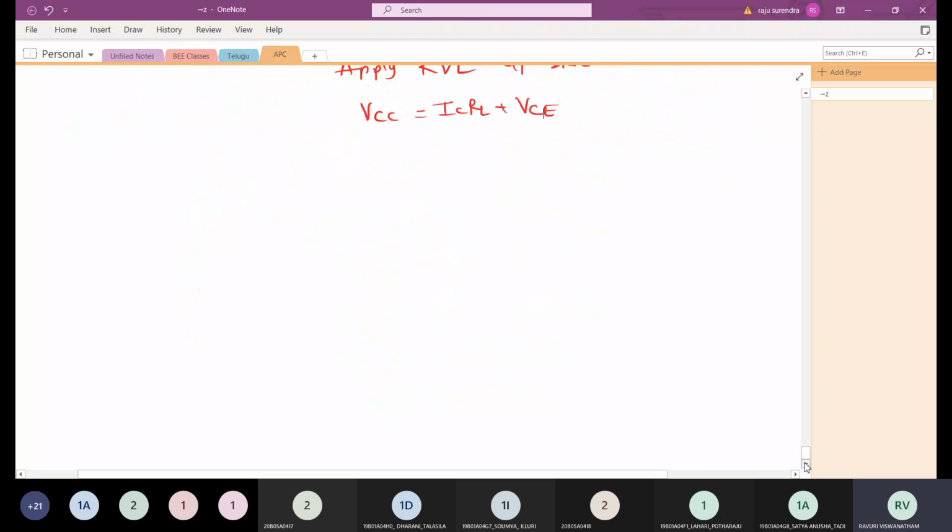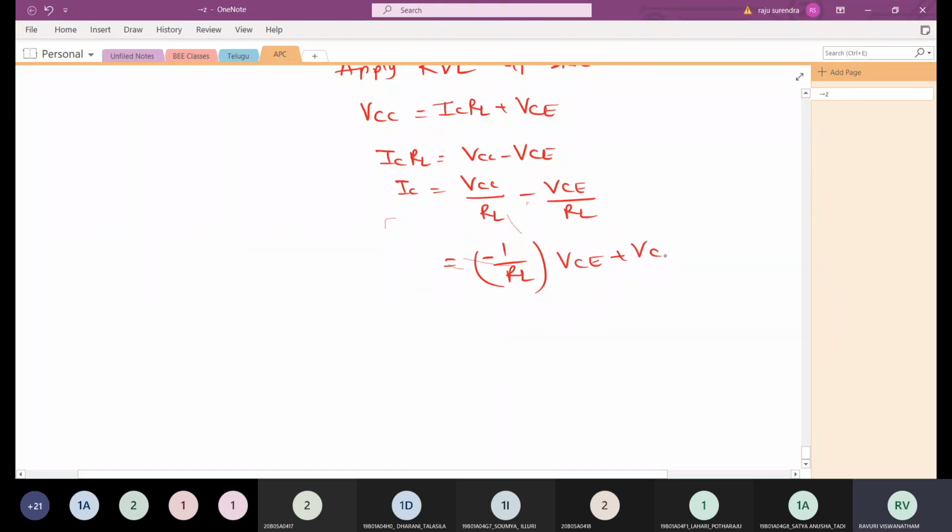Then ICRL is equal to VCC minus VCE. So IC is equal to VCC by RL minus VCE by RL. And we can write it like this also: minus 1 by RL into VCE plus VCC by RL.